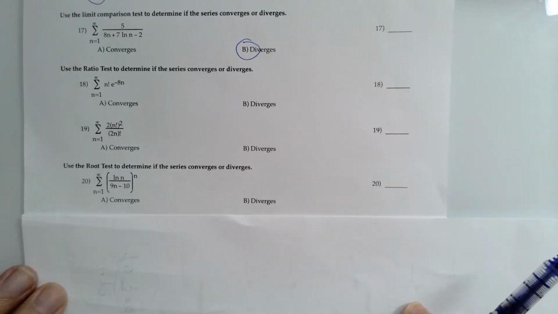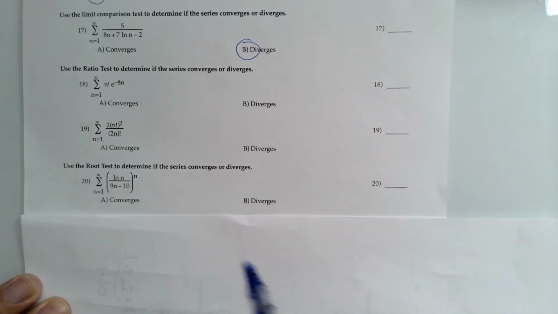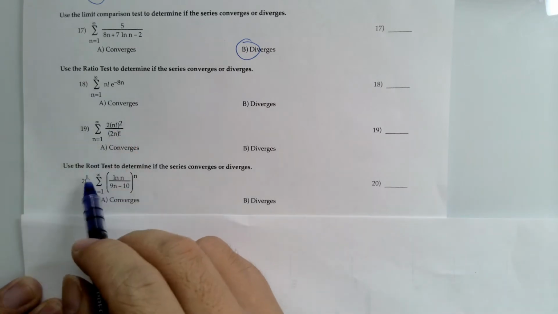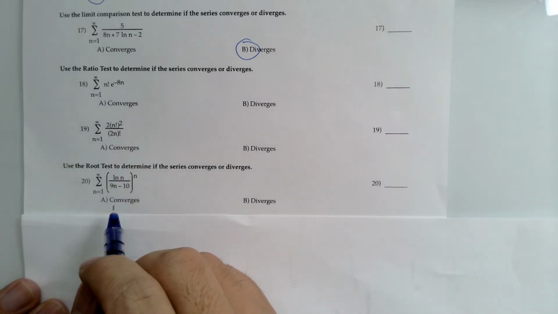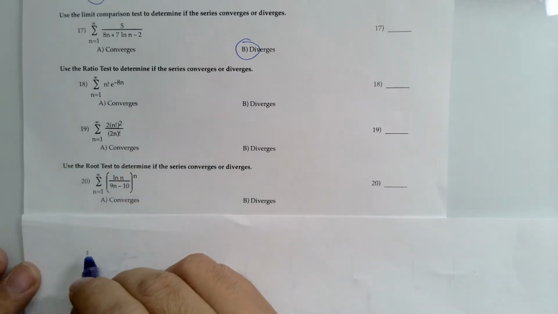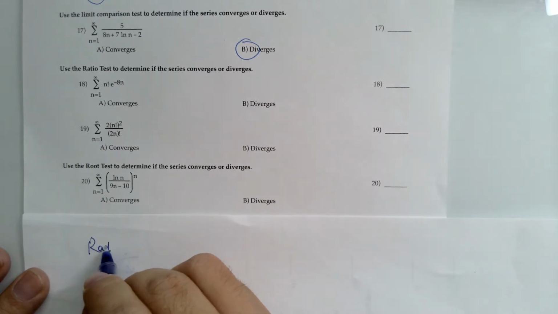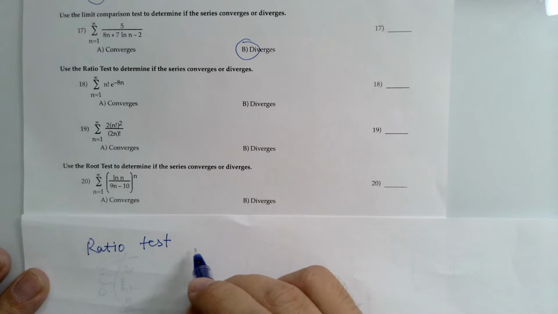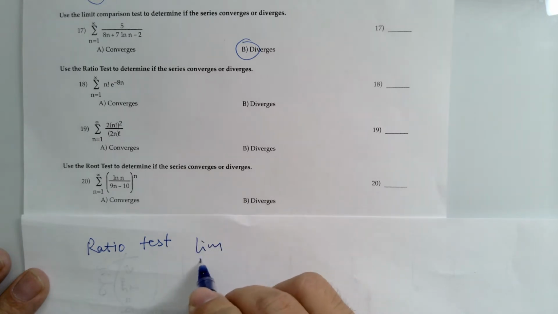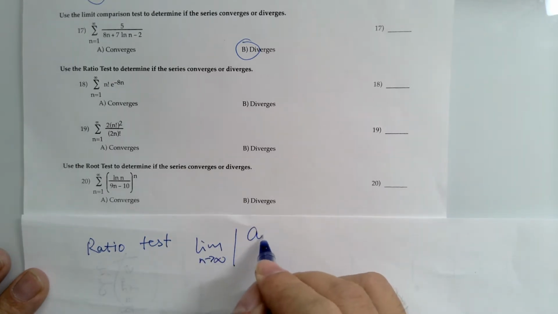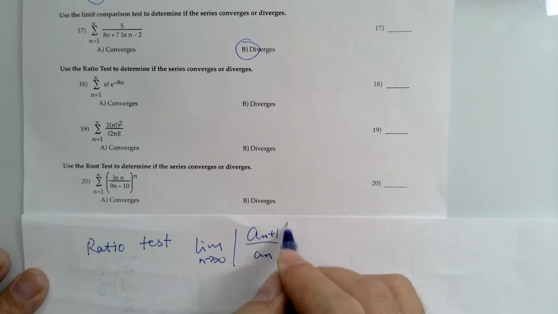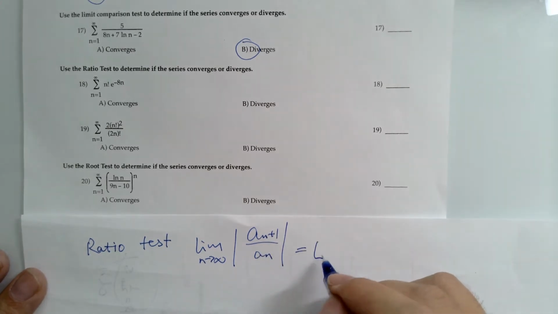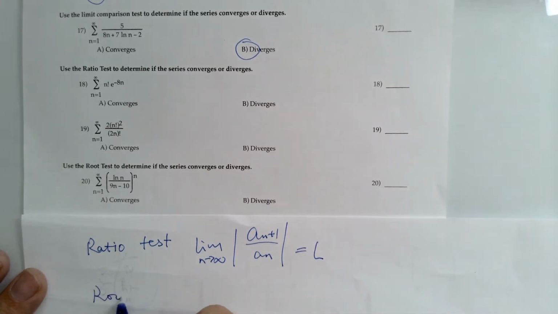Okay, so now let's look at the last three examples here. Ratio test and root test to determine whether series converge or diverge. So ratio test and root test.